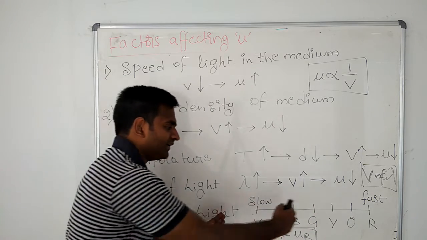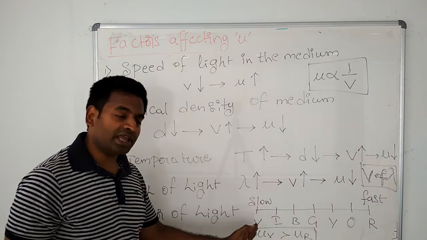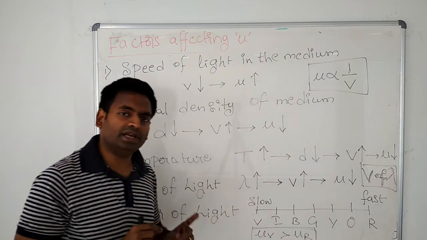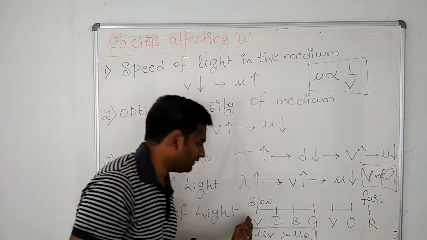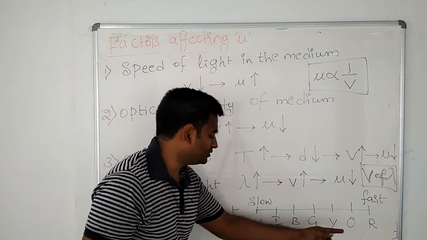They have different wavelengths. The violet side has a smaller wavelength compared to the red, which has a larger wavelength. The wavelength keeps on increasing as we move from left to right in VIBGYOR.